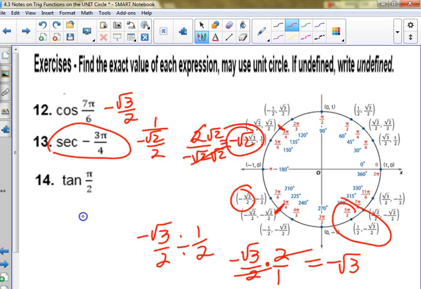That's painful. Okay, tangent at pi over 2. If I go up here to this ordered pair, what's tangent? You have to know. Y over x. Is that okay? Undefined.